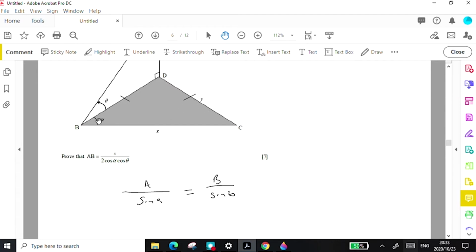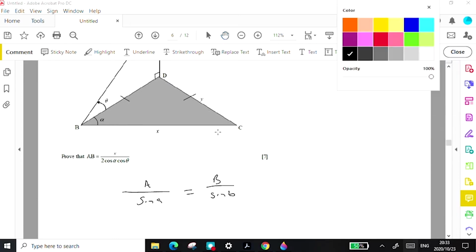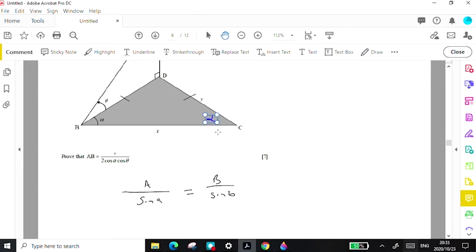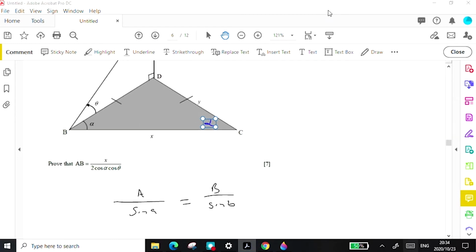So if this is alpha, since these two are the same, then this angle should also be equal to alpha. If this angle is alpha, then D should be equal to 180 minus alpha.